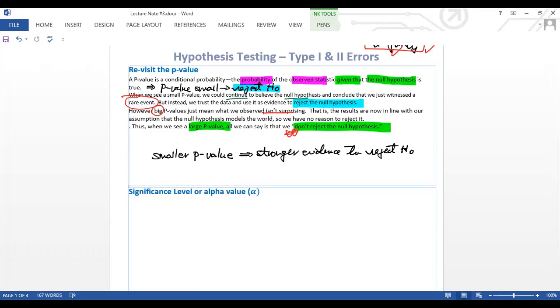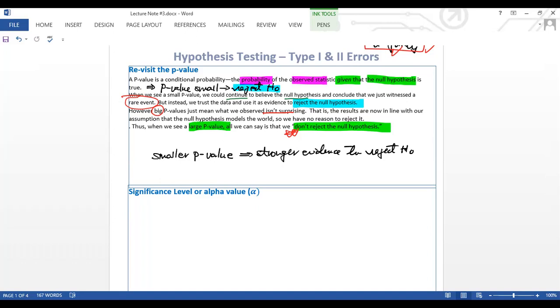Then you will ask me, okay, how small is small? Is 1 in a million small, or 1 in 10 million small? And your small could be different than my small, right?